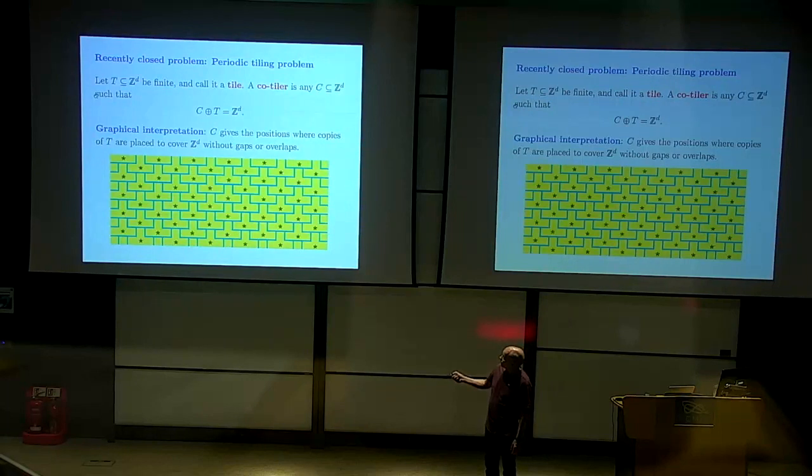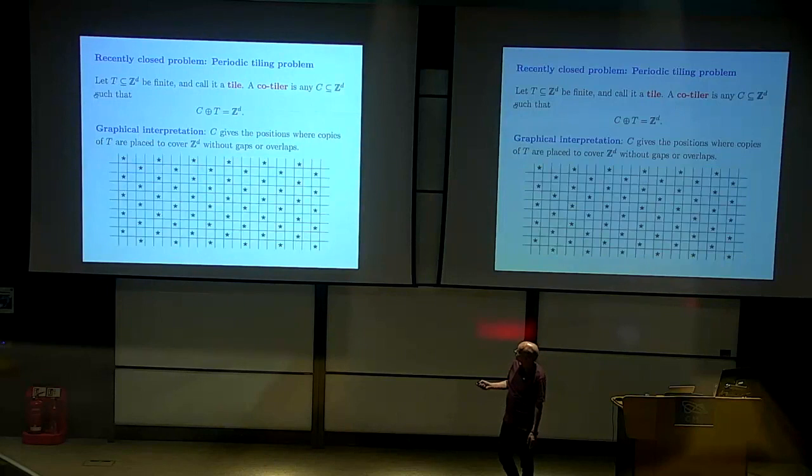Then this position star would be, let's say, the positions in your co-tiler, elements of your co-tiler, and every cell is covered in a unique way: you reach it in a unique way from a star by one of the offsets given by this tile. So it is the tiling of Z^d by translates, without gaps or overlaps. So that's your configuration.